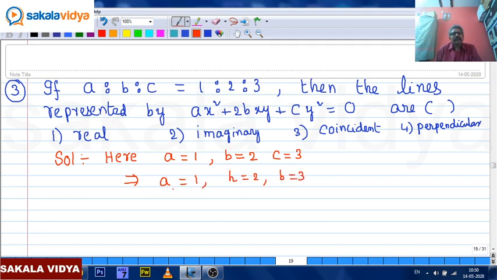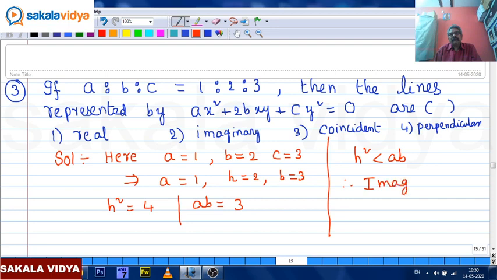Comparing with ax square plus 2hxy plus by square is equal to 0, find h square, which is 4. Find ab, 3. We conclude that h square is greater than ab. Therefore, imaginary lines. Second option.